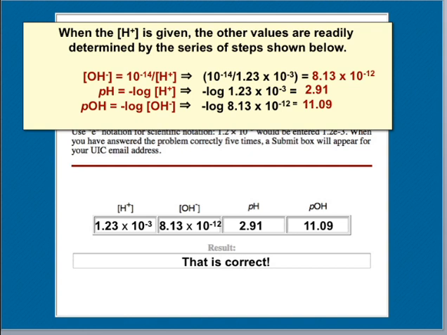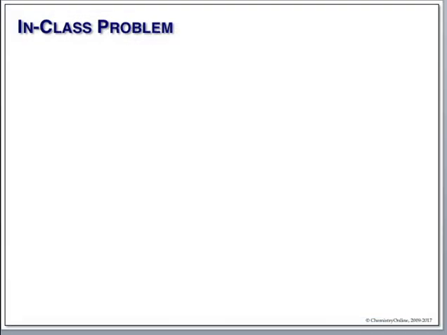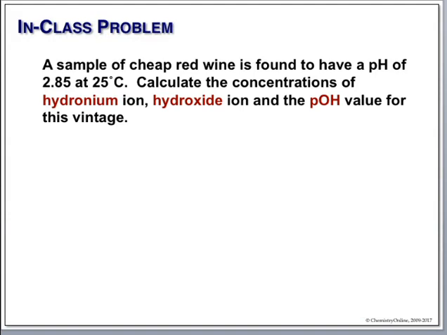Any questions? This is an acquired skill. This was actually an extra credit problem on an old exam. Here we have a bottle of cheap red wine.